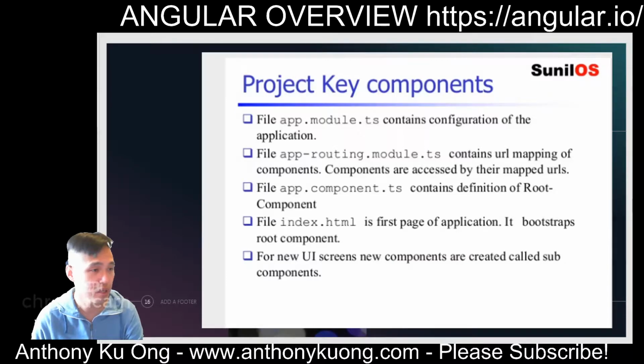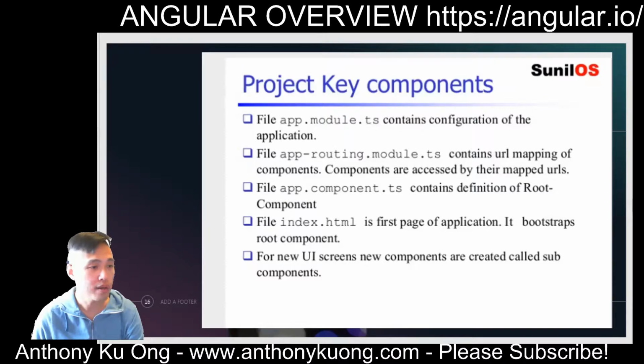So the key components when you open your source folder: you'll see an app.module.ts that contains the configuration of the application, and all of the other modules that need to be imported, exported or declared would be in the app module, including your components.